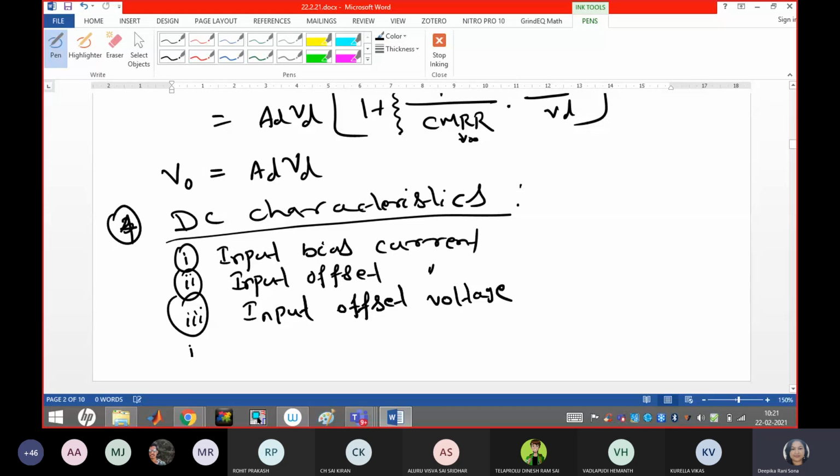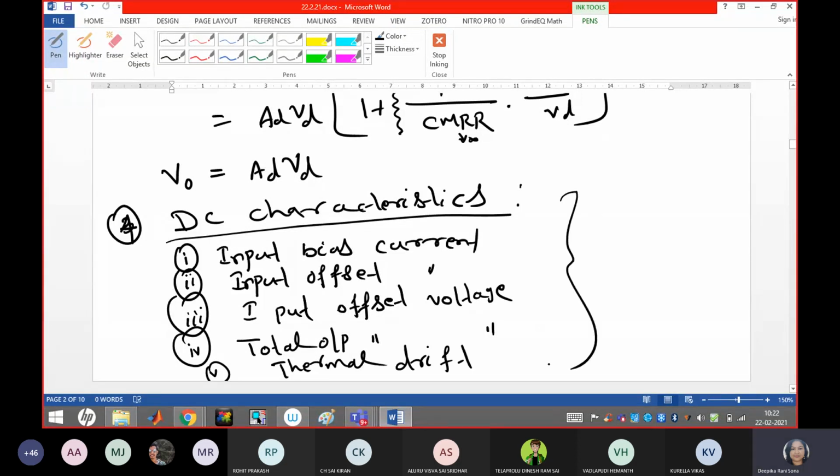Then the fourth one is total output offset voltage. And the fifth one is thermal drift.